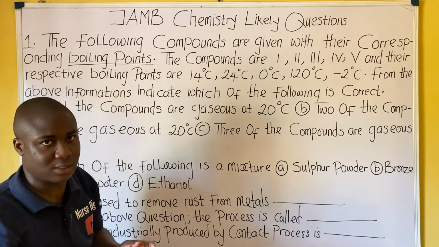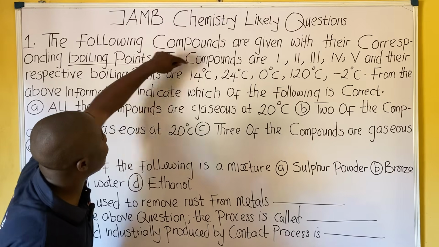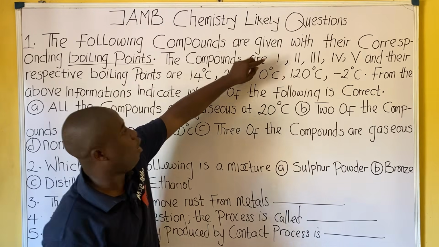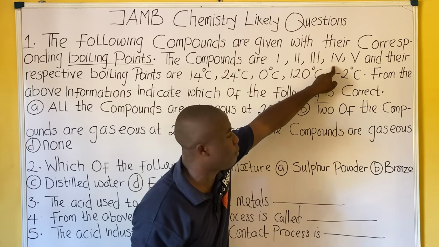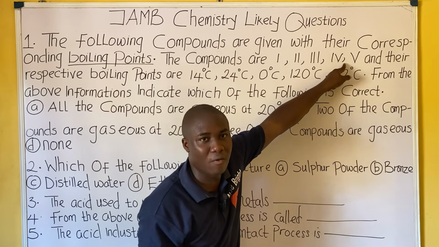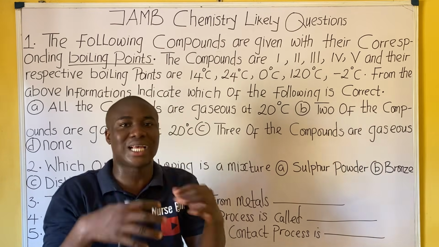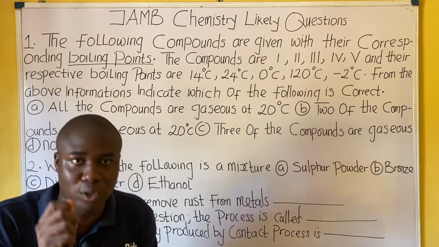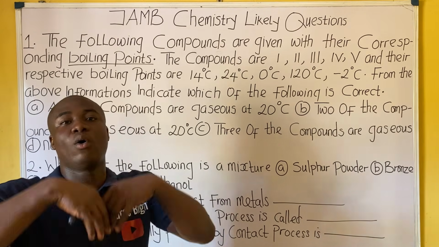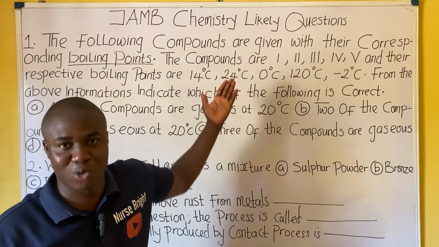Let's progress. You can see they said the compounds are Roman figure 1, Roman figure 2, Roman figure 3, Roman figure 4, Roman figure 5. They just told us that these are the compounds, though they were not really specific about them. They just signify the compounds with Roman figures.